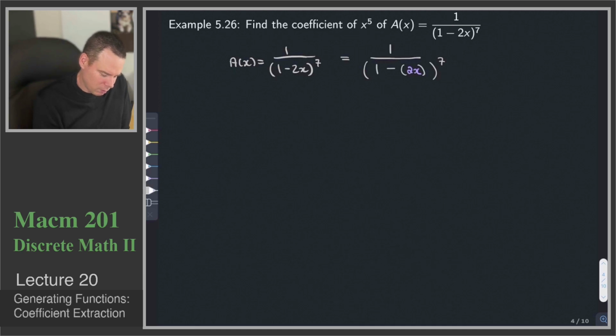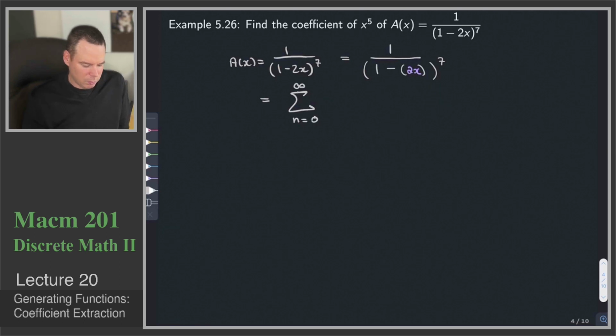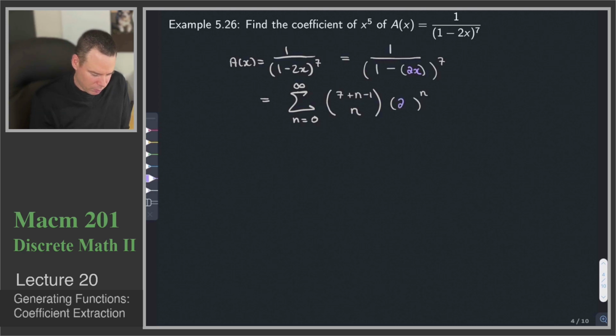So what I'll do is I'll just put grouping brackets around there just to draw our attention to the fact that, hey, this is really just a substitution of the series that I know. So this is going to be the sum from n equals 0 to infinity of, we're choosing n from 7 with repetition, and that's raised to the power of n. What's being raised to the power? That's 2x.